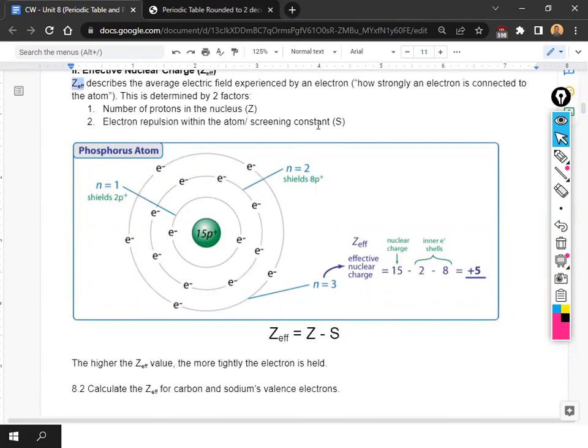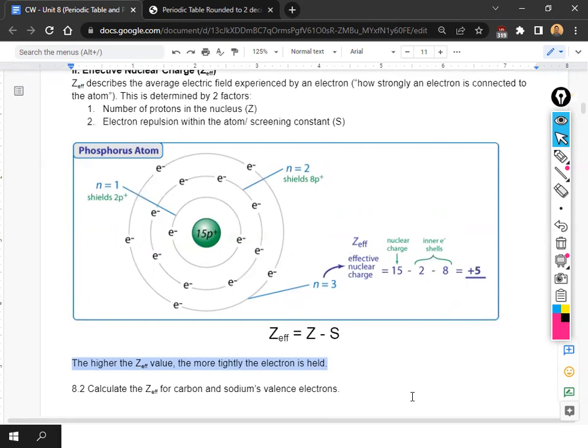The lower the Zeff, the less it's held. Effective nuclear charge. Quite a mouthful.